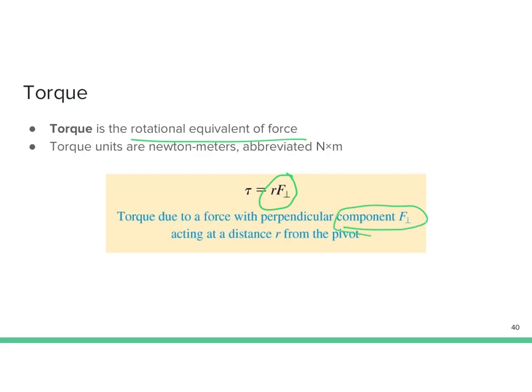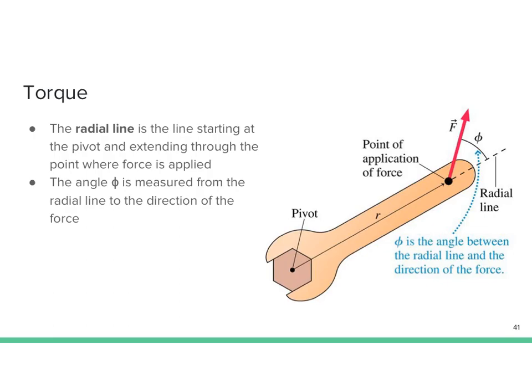And what does that mean? It means that if I have, again, going back to my door, the circle represents a hinge. If I put my force like this or like this, I'm going to get two different angular accelerations, okay? The one that's straight perpendicular to the door is going to have the best effect. Now, radius, of course, is measured in meters. Force is measured in newtons. So torque, really simple, is just a Newton meter.